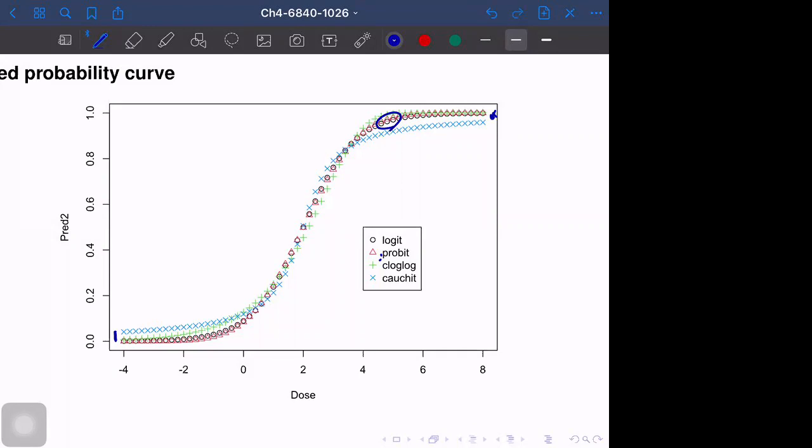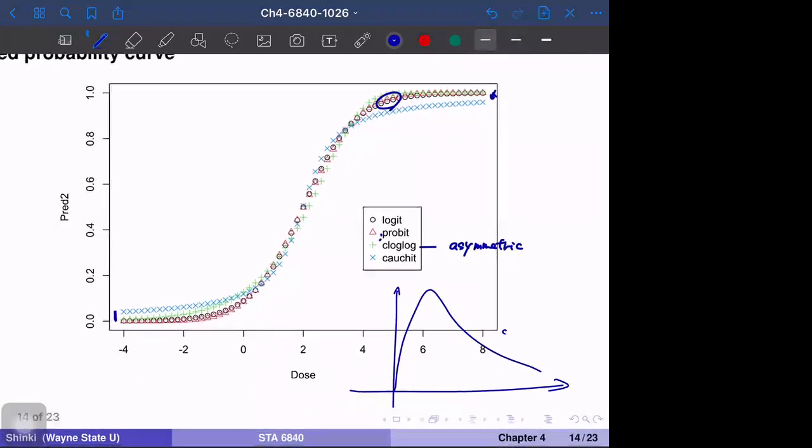And the complementary log-log is an asymmetric distribution, skewed to the right. If we make a figure, it actually looks like this. So this is the complementary log-log function. It's a little harder to interpret, but in this case the tail is pretty heavy on the left-hand side, while on the right-hand side the convergence is fastest.